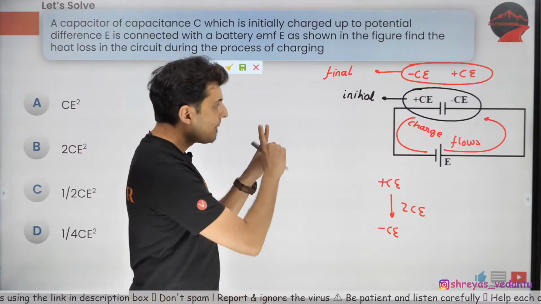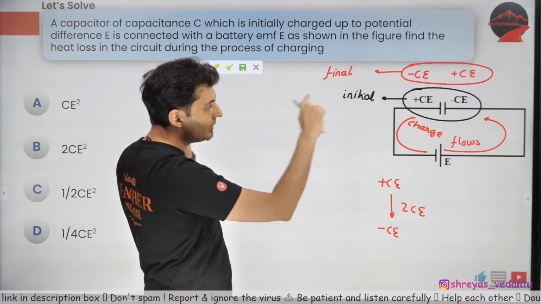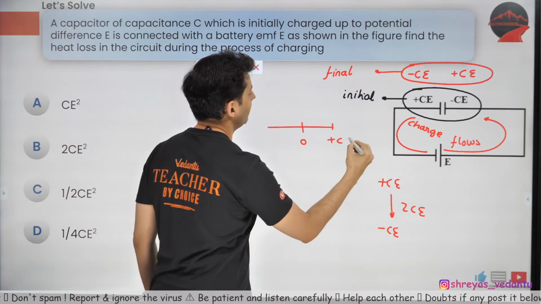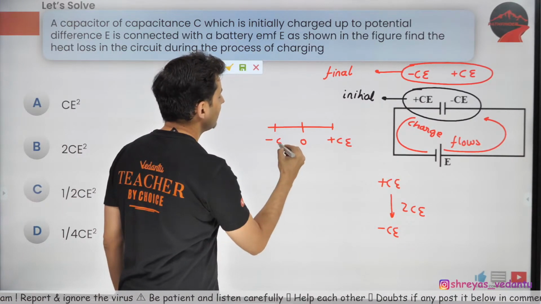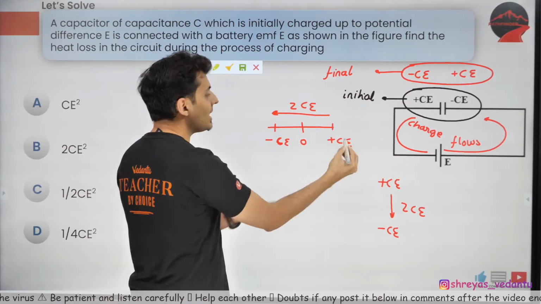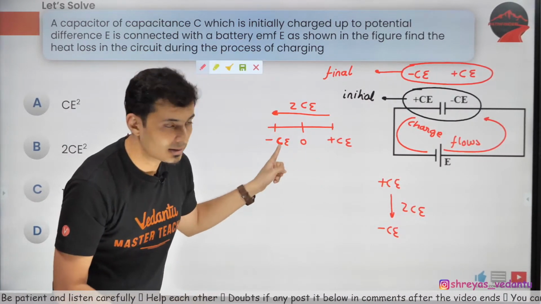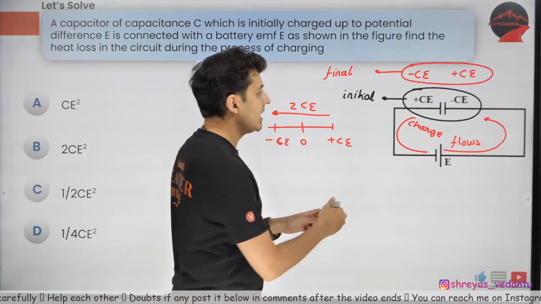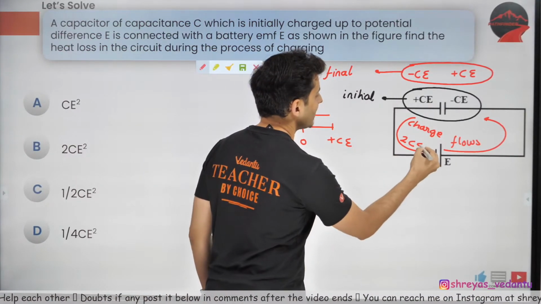Do you understand that? Plus CE to minus CE, the difference on the number line, if you think of it from the number line perspective, you will get it very easily. This is minus CE. So the decrease is nothing but 2 CE. Do you understand this, my warriors? Pakka? Acha. Now this is the amount of charge which flows. So that is 2 CE.